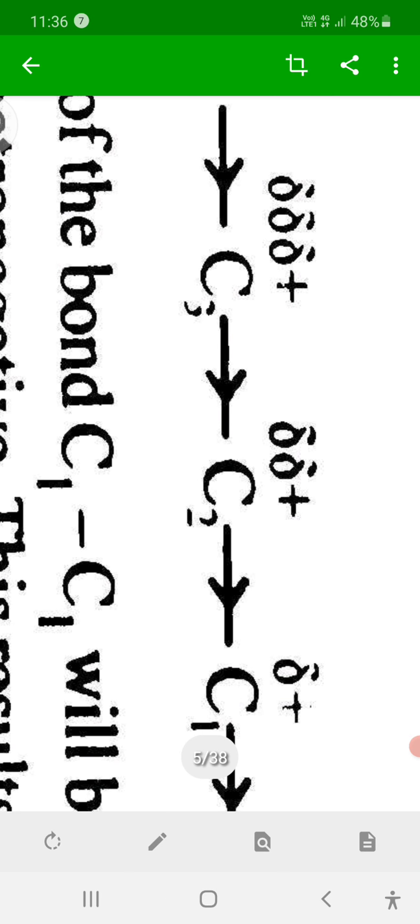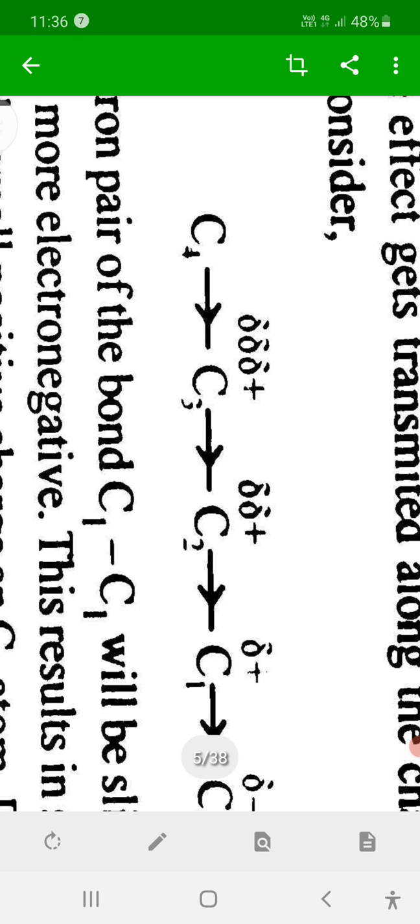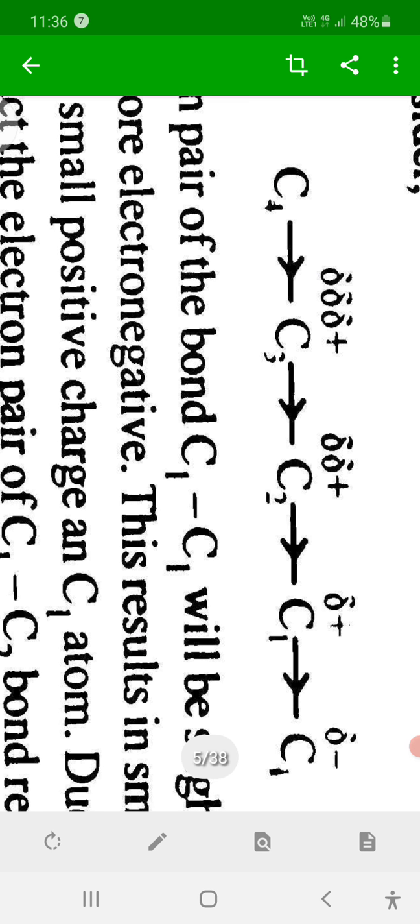In this way, the inductive effect is transferred through the chain, but the power of the inductive effect decreases as chain length increases.